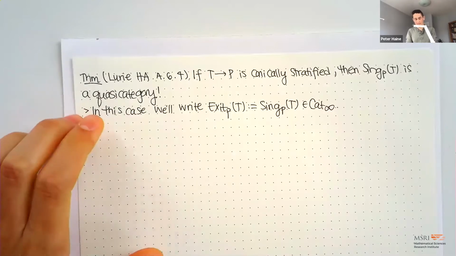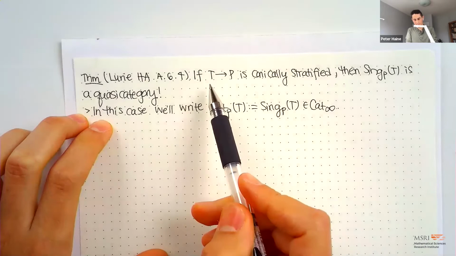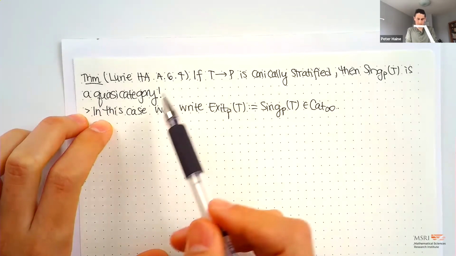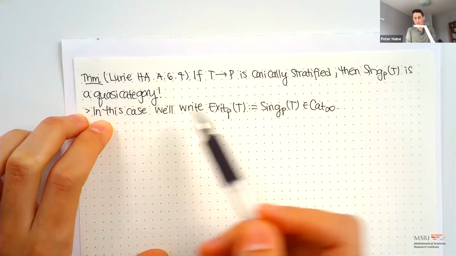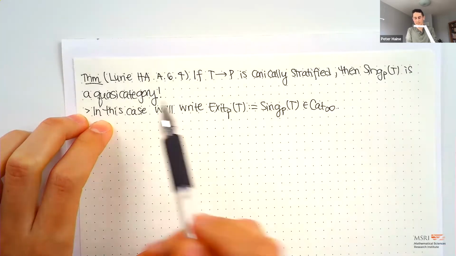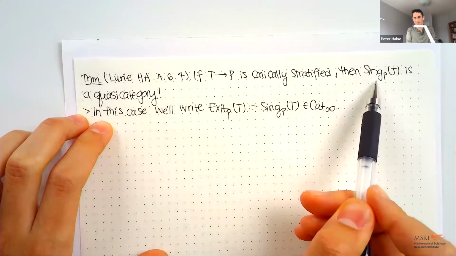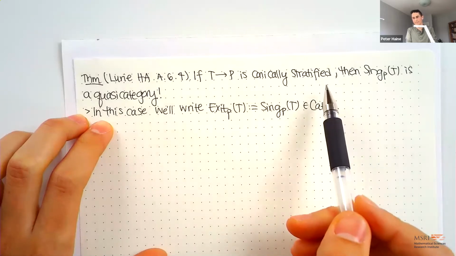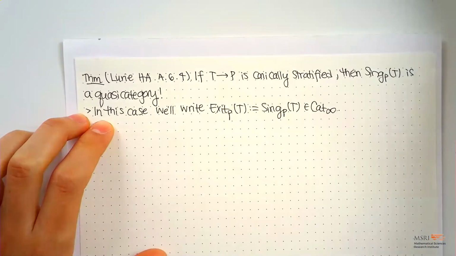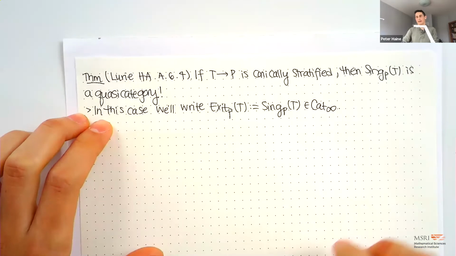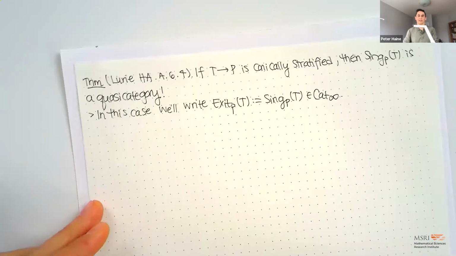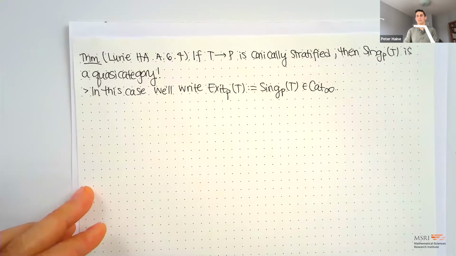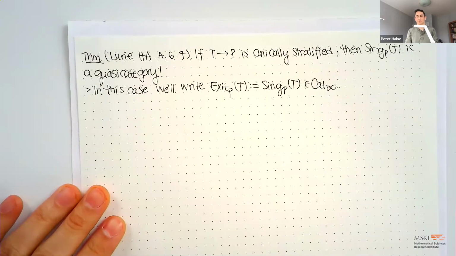But part of the point is that, someone should correct me if this is not true, I think essentially this is the only reasonable geometric condition that we have to guarantee that this Sing P construction spits out a quasi-category. I wonder if it's a necessary condition. No, it's not necessary. You can construct examples that aren't conically stratified, but still give you quasi-categories.